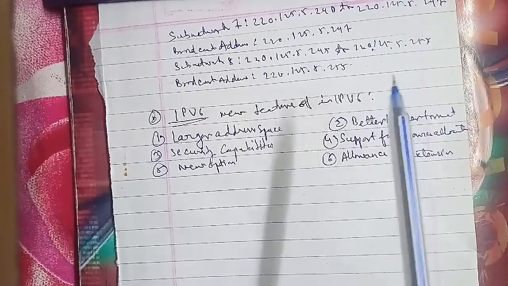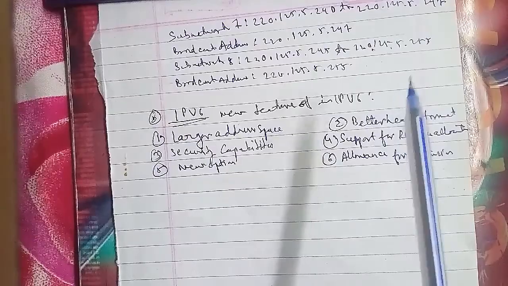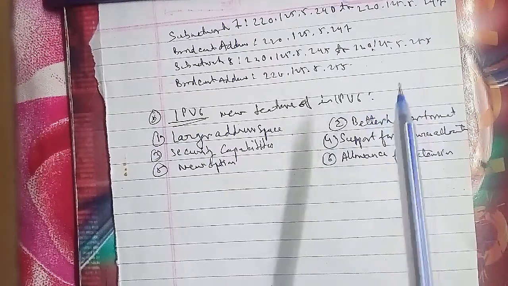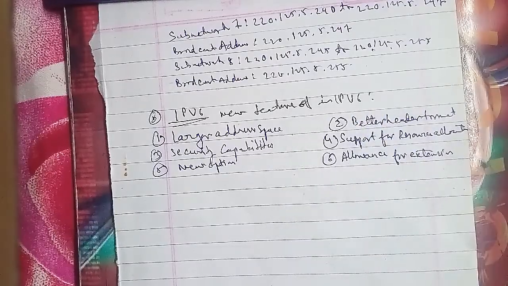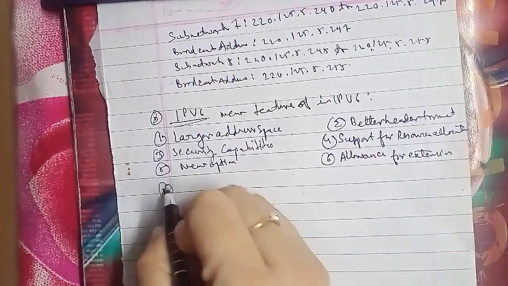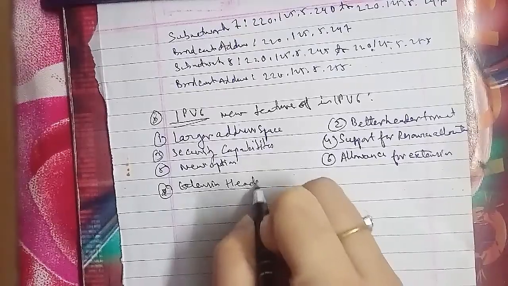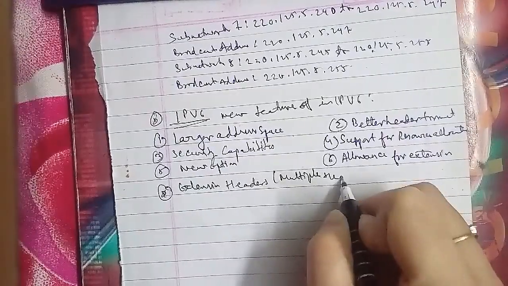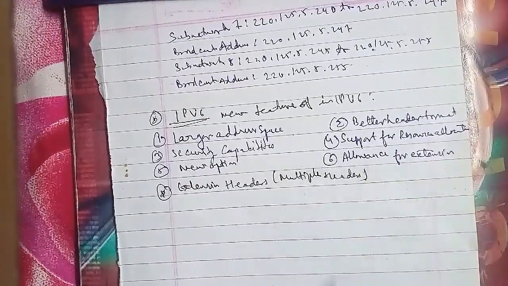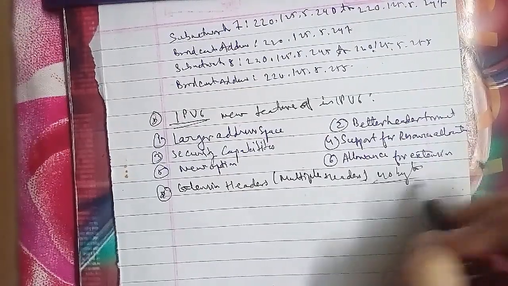The fifth is encrypted security payload, an extension that provides confidentiality and guards against eavesdropping. The sixth is the destination option, used when the source needs to pass information to the destination only, and the intermediate routers are not permitted access to this information.